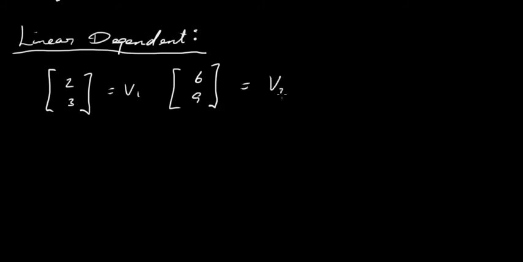If you take, let's say, the vector (2, 3), which we'll call v1, and let's take the vector (6, 9), which we'll call v2, these are linearly dependent vectors.